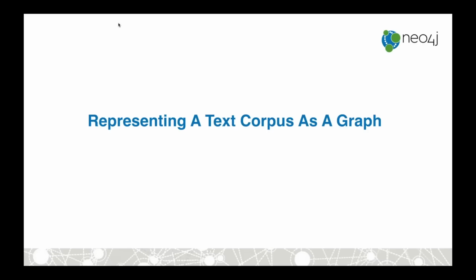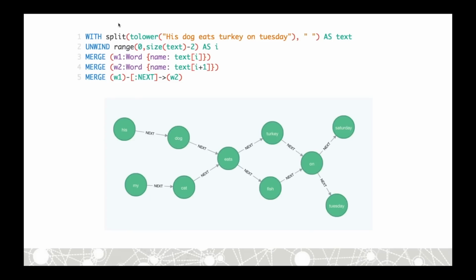So that's how we represent one sentence, but we want to represent an entire text corpus, right? So many, many sentences. So how can we do that? Well, we can do that with the same Cypher query again. So now our sentence is, "his dog eats turkey on Thursday." The graph at the bottom is what we want to end up with. Notice that eats appears in the previous sentence and in this sentence now, so we don't want to create a new node for that.